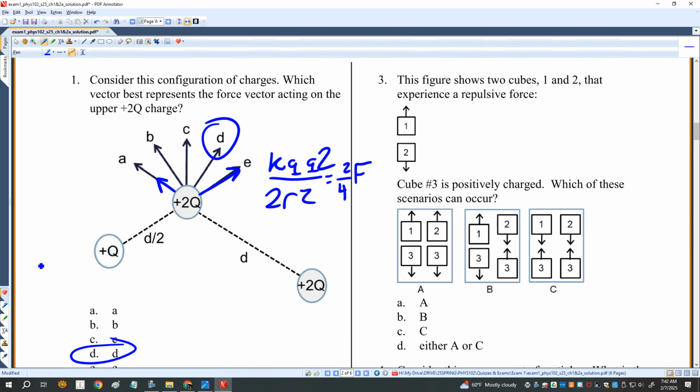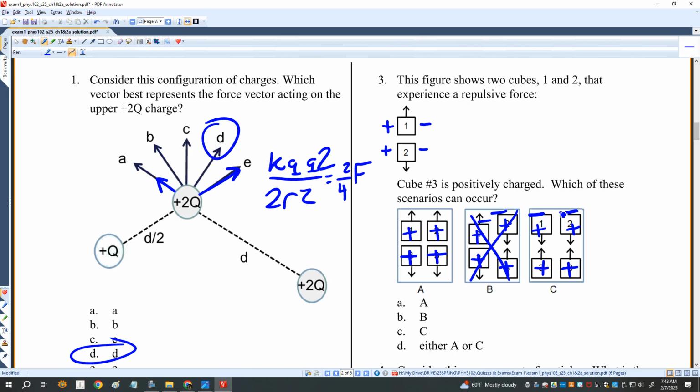This figure shows two cubes that are experiencing a repulsive force, 1 and 2, and then cube 3 is positively charged. Cubes 1 and 2 are either both positive or both negative because they experience a repulsive force. If 1 and 2 are positive, that's okay. If they're both negative, that works too. But if this is positive, it doesn't work, though it does work if these are negative.